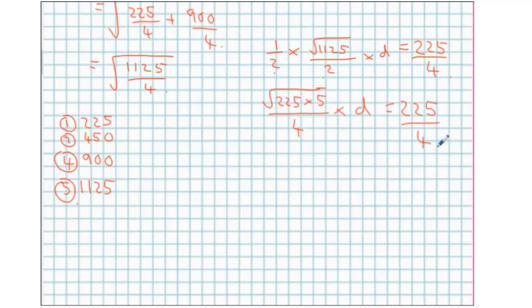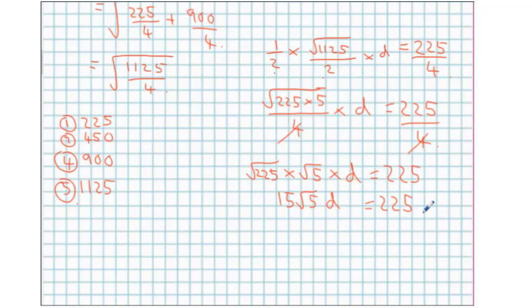Okay, so this is coming together quite nicely. We can multiply through by 4, so get rid of the denominators. So root 225 times 5 can be root 225 times root 5 times d equals 225. So that would be, square root of 225 is 15, so 15 root 5 d equals 225.